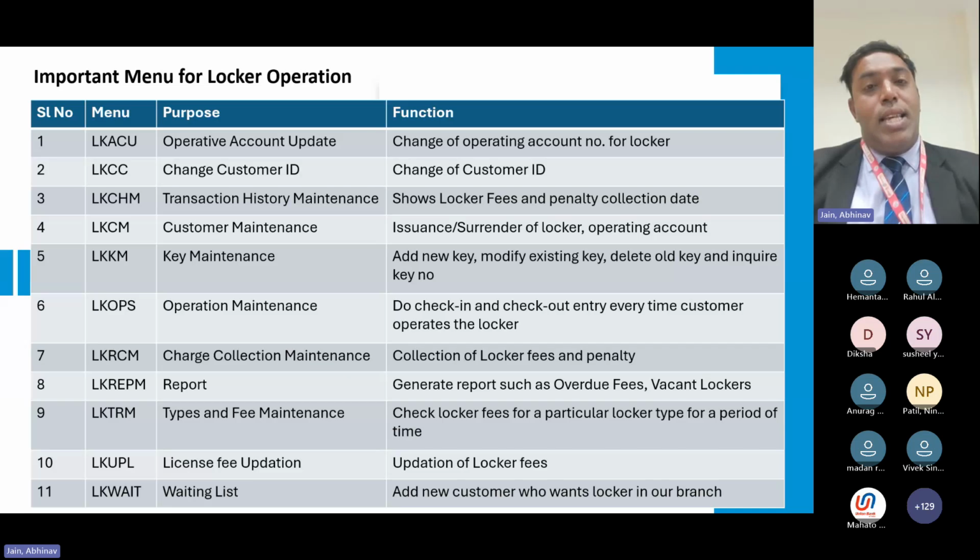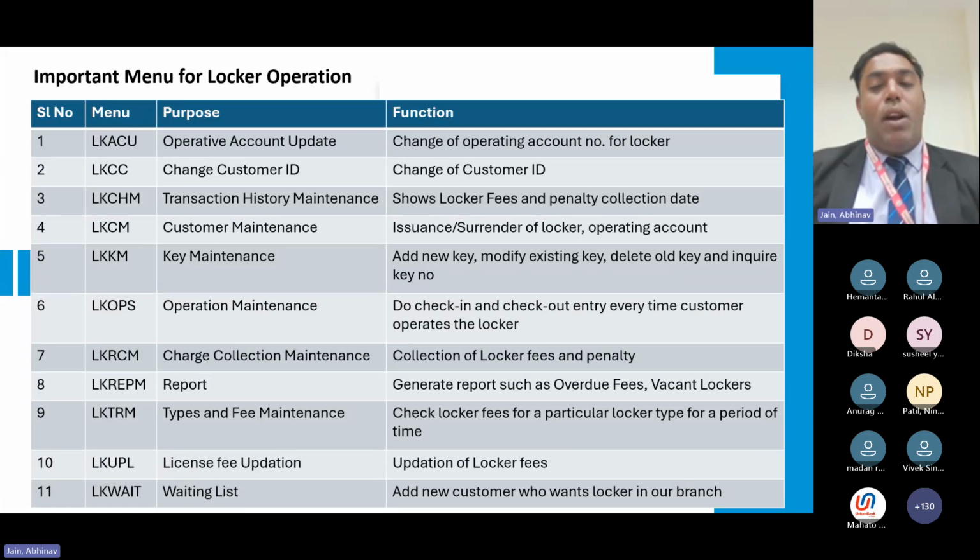If you want to change the CIF ID in the locker, you can use menu LKCC. For transaction history maintenance and for seeing locker fees and penalty collection date, etc., the menu which can be used is LKCHM. For customer maintenance like issuing the locker, operating account, surrendering the locker, you can use the menu LKCM.